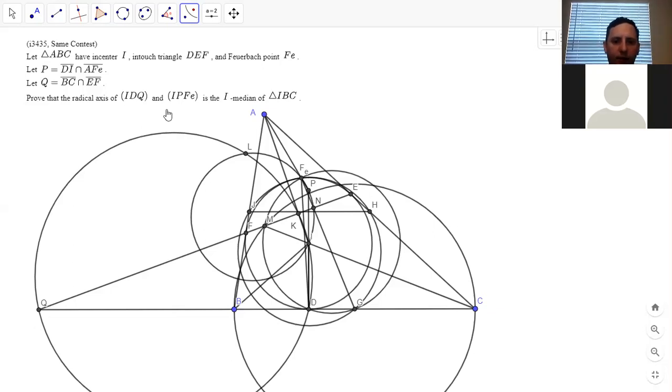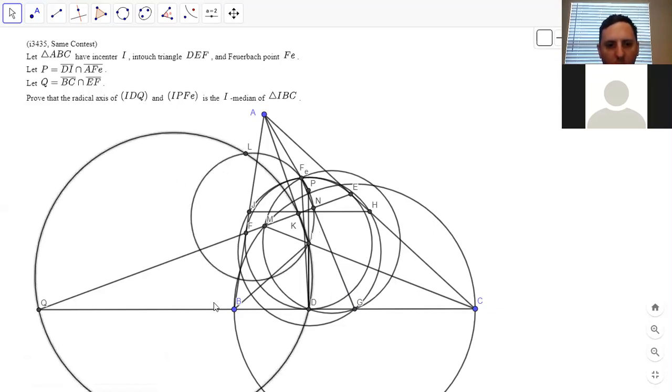Wait, if both of these circles are fixed under inversion, this one and this one, then that means it has to swap I and L, right? So that means that G, I, and L have to be collinear, right? Yes, if we know that it inverts to itself for both circles, which is the thing we want to prove.